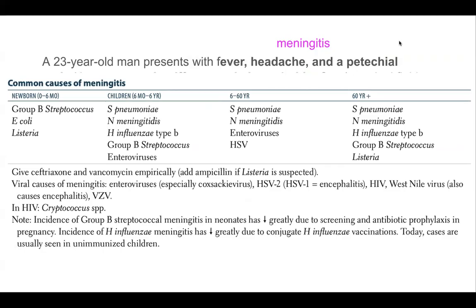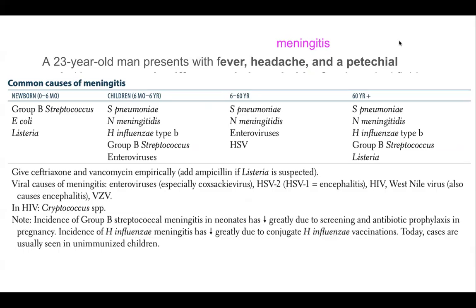And before we jump into the next sentence, I want to talk a little bit about common causes of meningitis. I like the way that First Aid splits this up by age, showing different pathogens and how common they are by age group. So in newborns, 0 to 6 months, there's GBS, E. coli, and Listeria.